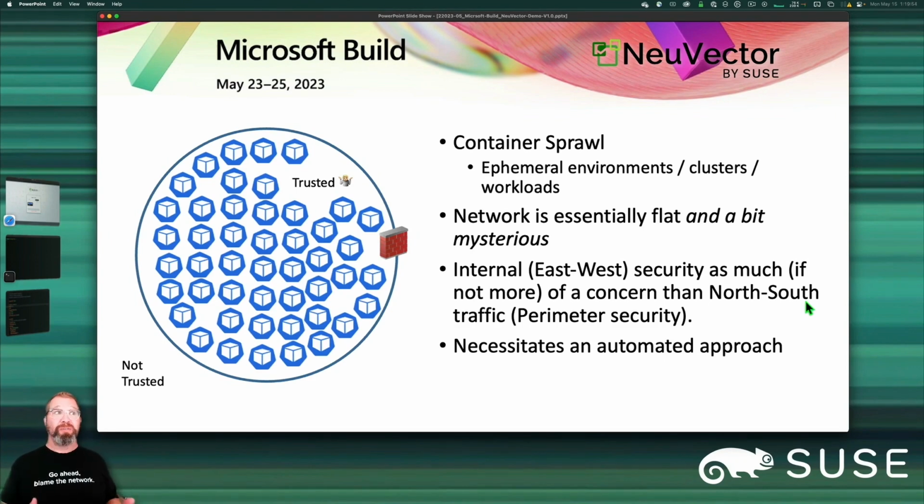The other thing that makes it even harder, and this is actually a very big deal, right? When we were starting to deploy in container environments as a developer, it's infrastructure as code, networking's kind of hard, right? So the good news is the network is flat and everybody can just talk to each other and it just works. And if you're a network or security or operations person, you're like, that's dreadful. The network is just flat and I can't see it and everybody can just talk to each other.